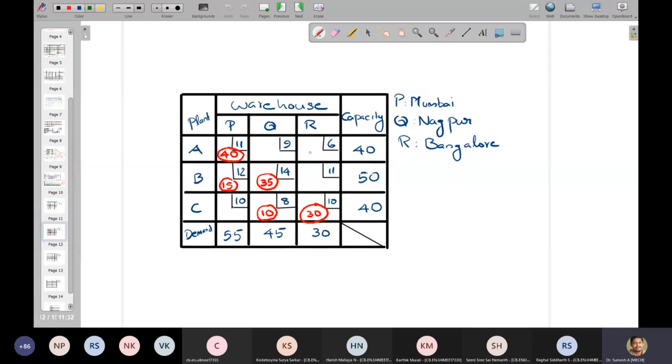Now what you have to do is form a loop to AR in such a way that only horizontal and vertical lines are drawn, and the end points of these horizontal or vertical lines should be only on stone squares.